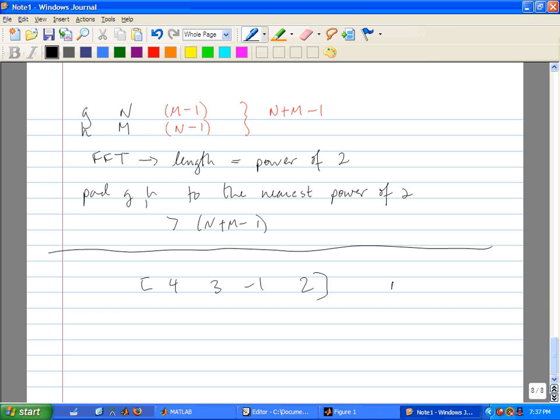So this is a signal of length n equals 4. So you can say that this is element 0. This is element 1, 2, and 3.